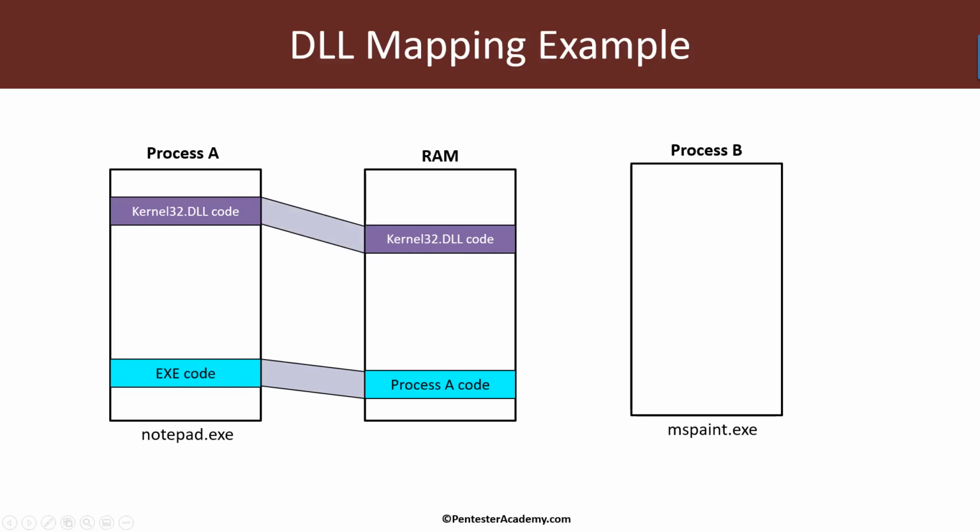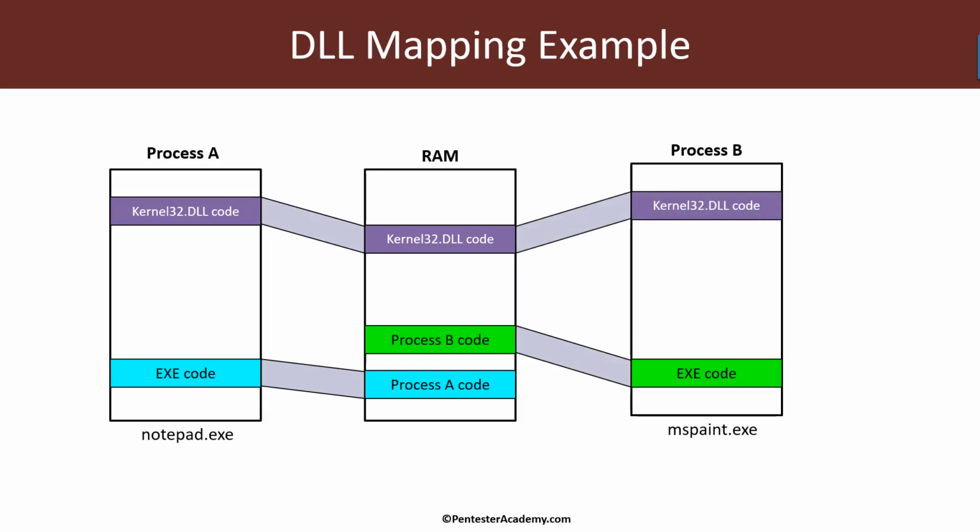So let's say we have a Paint process, and the Paint process has its own executable code. It may be mapped to the same virtual address as the Notepad process, but it's a different address space, so there's no connection, and it's going to be mapped to a different location in physical memory. But MS Paint also needs kernel32.dll, so it's going to map it to exactly the same location in physical memory.